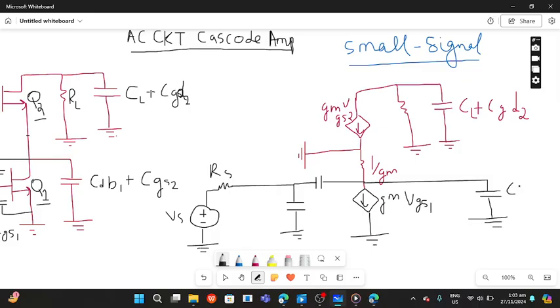Which was named as CDB1 plus CGS2. It was CGS1, it was CGD1, it was RL.